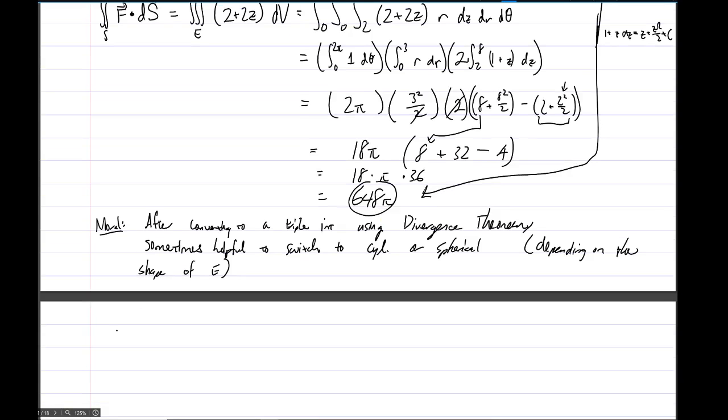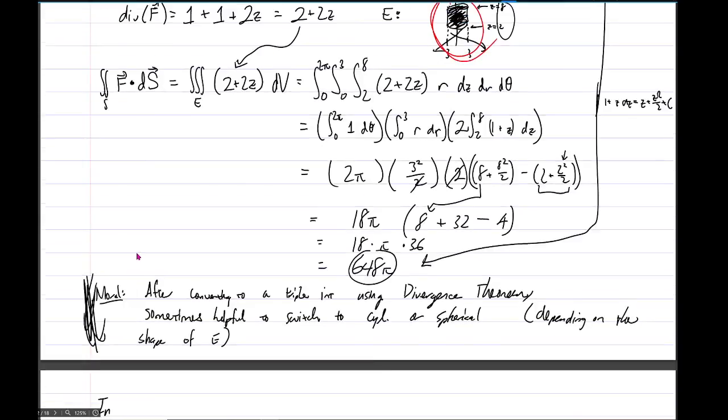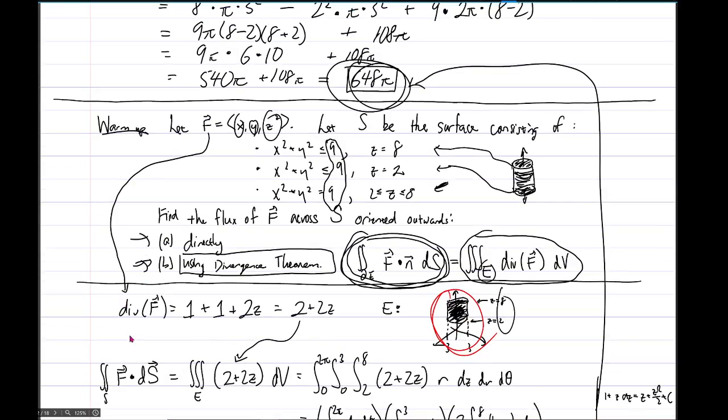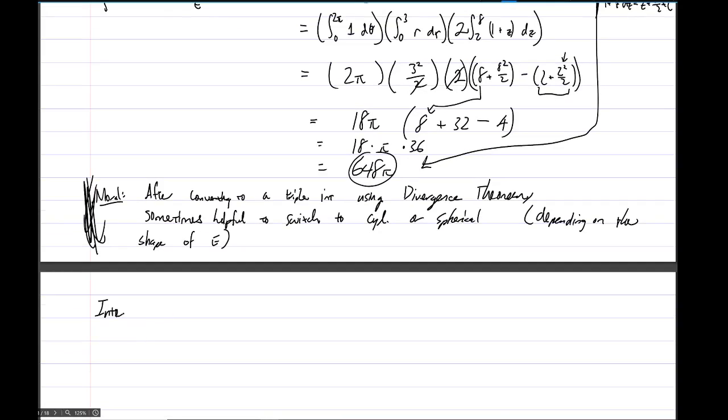For an interactive question, I'd like you to focus less on this matter right now, and instead just on the two ways that we did this. There was a part A, where we did it directly, and there was a part B. Regarding that, I'd like you to really take a moment to think about what's going on. Interactive question: comment on which was the easier way to get that the flux was 648 pi.